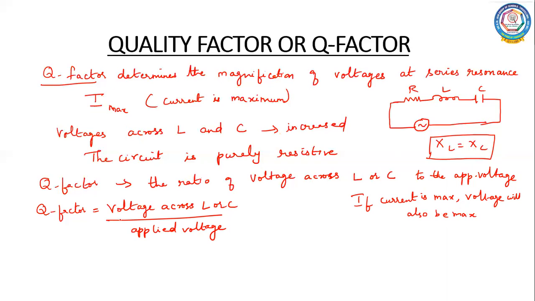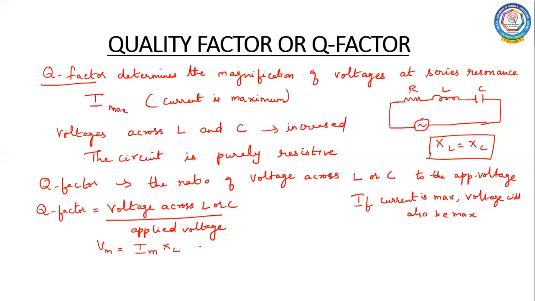So let me write the voltage across L or C. So voltage across, that is maximum voltage across L, let me write. So maximum voltage is Vm. Now when it is across L, I can write it as, according to Ohm's law, V is equal to I into R. So here also I have maximum current, and the resistance is represented as inductive reactance, which is XL, right?